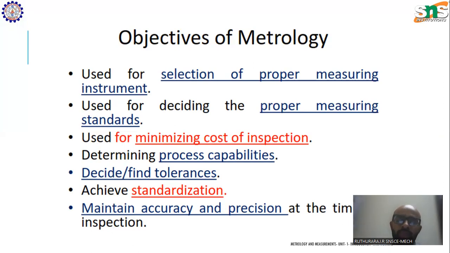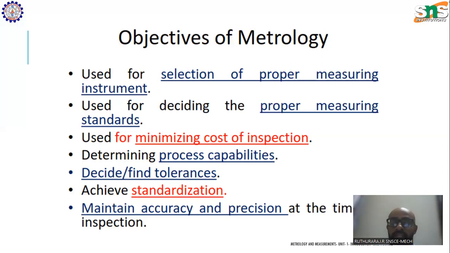For example, a steel rule can be used for measuring the length of a cloth, length of a table, length of a chair, etc. But if we need to accurately measure the length of a piston or the length of a shaft, then the steel rule might not be the proper instrument. Then you have to go for more accurate measuring instruments, namely vernier caliper, micrometer, etc. So those types of instruments are more accurate.